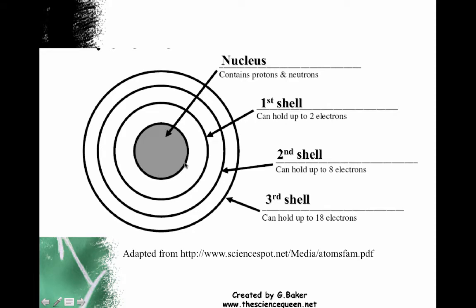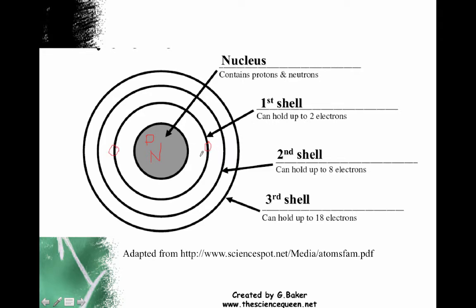Right here is our nucleus, where all of our protons and neutrons will go. So we've got our protons and our neutrons inside this nucleus. Our first shell can hold 2 electrons, and they're not ever close together.